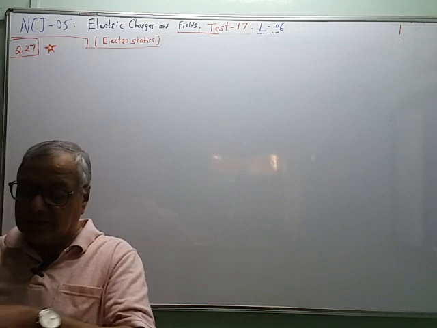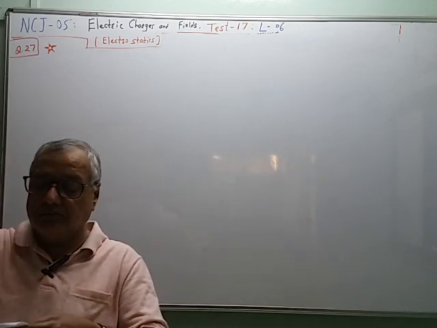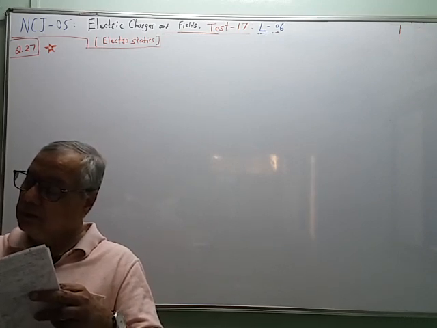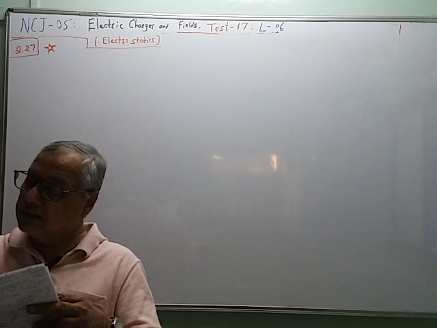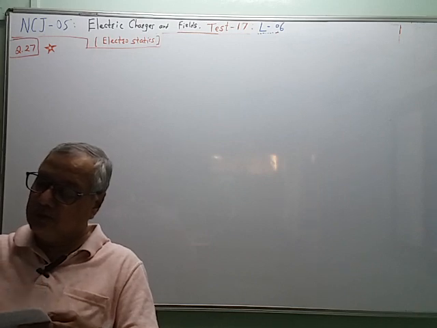So we are using three concentric shells and the charges are given. Three concentric metallic spherical shells of radii R, 2R and 3R are given the charges Q1, Q2, Q3 respectively.